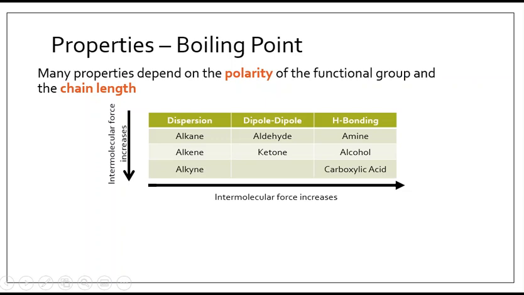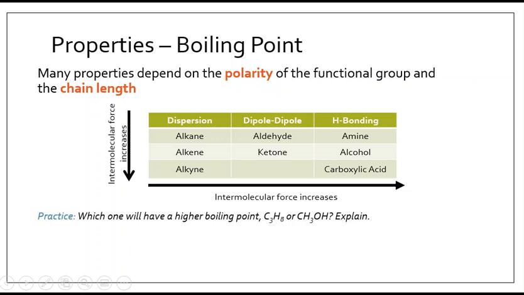They definitely are polar, they're not symmetrical, but it doesn't actually have an H to O bond or an H to F bond or an H to N bond in it, so it doesn't qualify for hydrogen bonding. However, if you look over there, the amines, those are H to Ns, so they qualify for hydrogen bonding. Alcohols are O to H's, like water has O to H in it, so those are also hydrogen bonding. And then the carboxylic acid has the OH of the COOH, so that one is also going to be able to do hydrogen bonding.